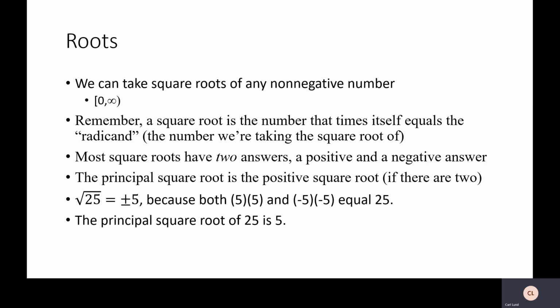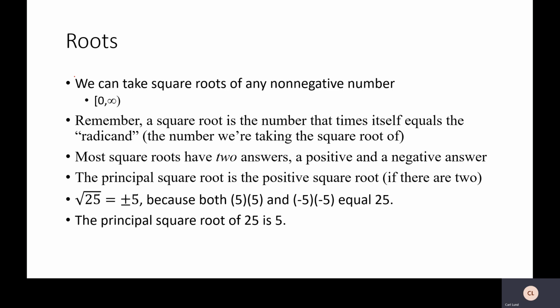Remember that we can take the square root of any non-negative number, and here we have that in interval notation. So we take the square root of 0, and we take the square root of any non-negative number, all the way as it approaches infinity. A square root is the number that times itself equals the number we're taking the square root of. That number is called the radicand.